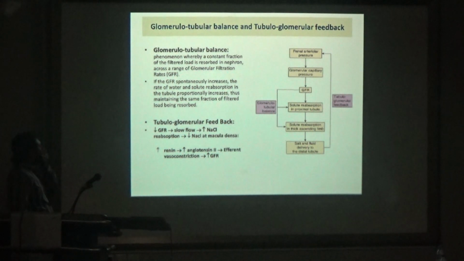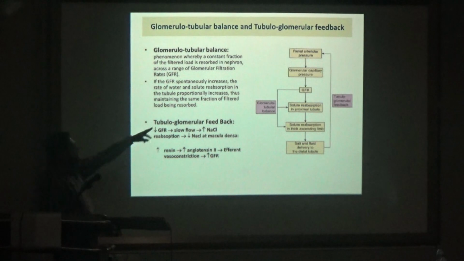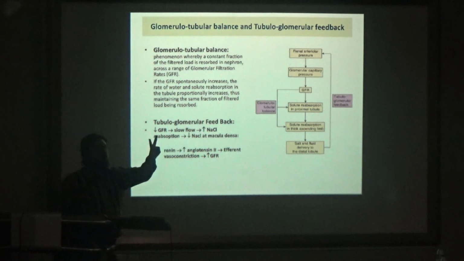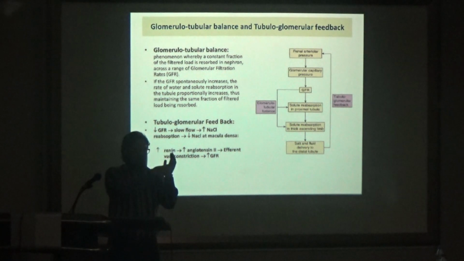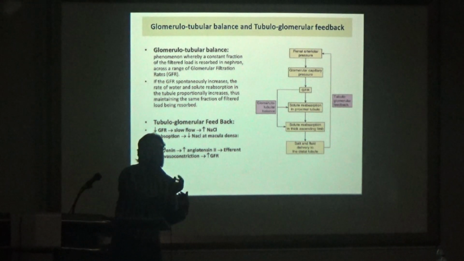Like, the rate of water and solute reabsorption also increases. Like if you increase the GFR by 2%, okay, 2% extra filtration, the rate of reabsorption also increases by 2%.